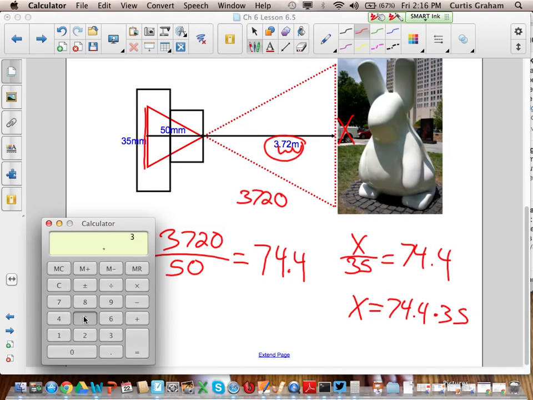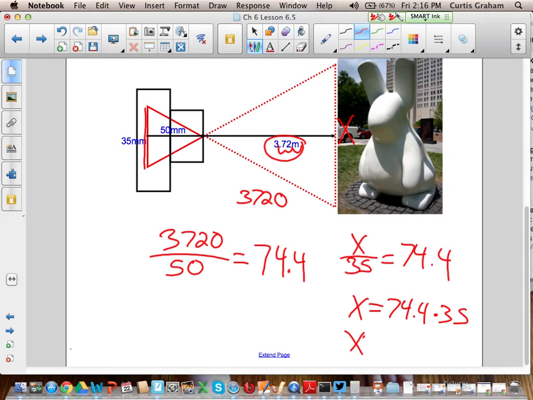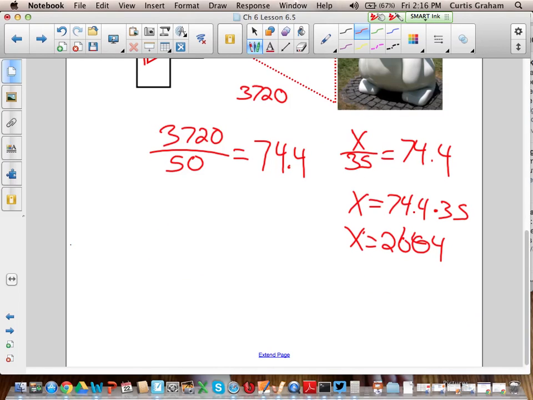Times 35, 2,604. So this is millimeters. I want to know in meters, so I'm going to again move it back. So it's about 2.6 meters tall. Pretty close to about 8 feet tall.